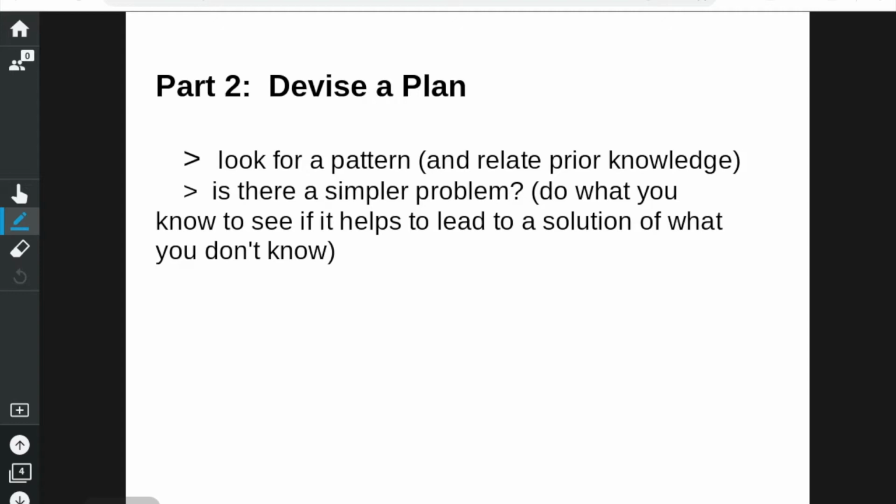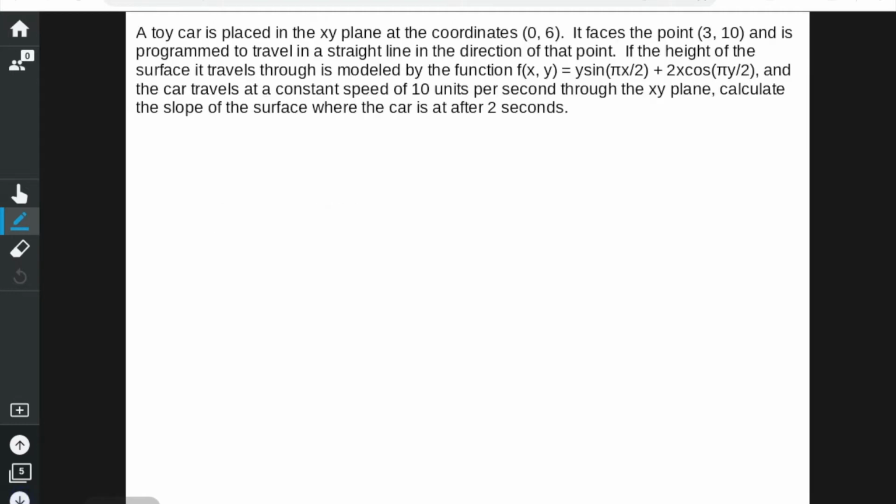So I think more like relating prior knowledge. And then, is there a simpler problem? Is there part of the problem that I know how to do, even if I might not know how to do the whole thing? So that's going to be our plan: looking for a pattern and seeing if there is a simpler problem.